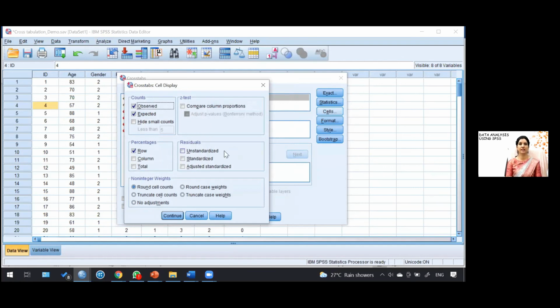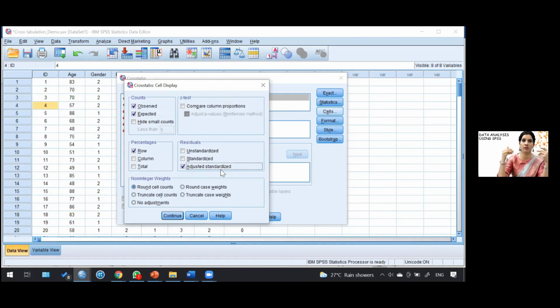Here in this case, if the table is more than 2 by 2, then you have to click this. There is a concept of adjusted standardized. So if the table is more than 2 by 2, you need to click this adjusted standardized, because this adjusted standardized tells you which of the two pairs is getting significant.